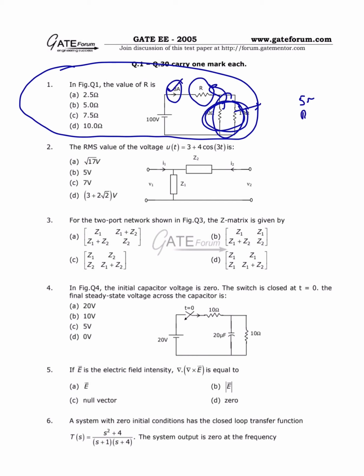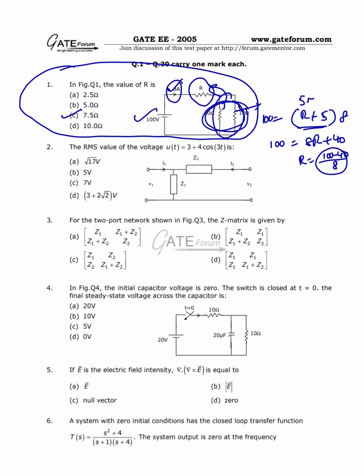So the total resistance is R plus 5, and the voltage given is 100 volts, equal to resistance into current. How much? 8. So 100 is equal to 8R minus 40. R is (100 minus 40) by 8. So this gives 7.5 ohm.